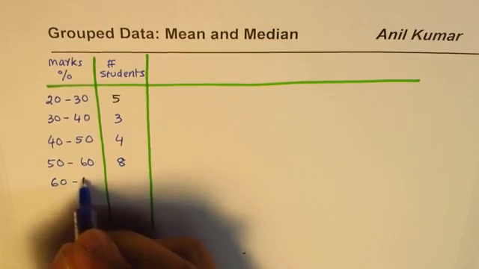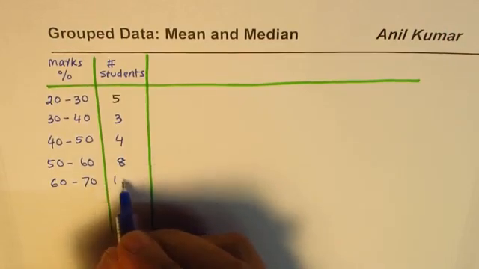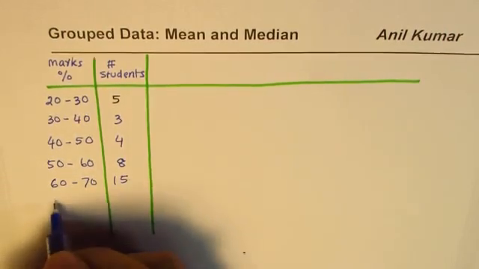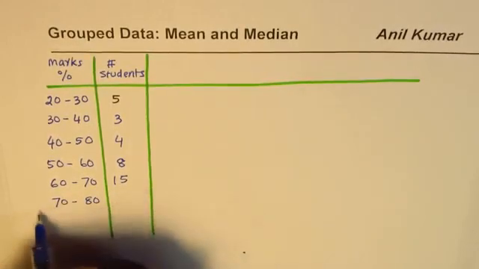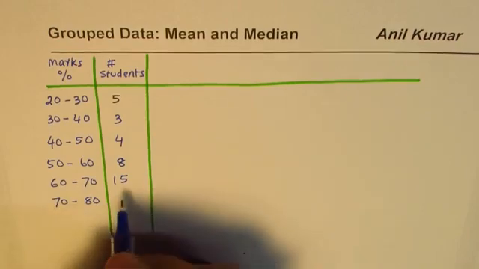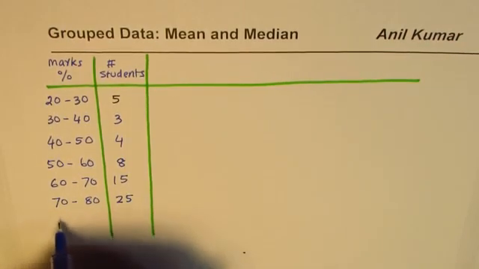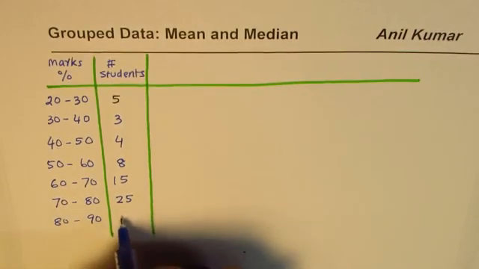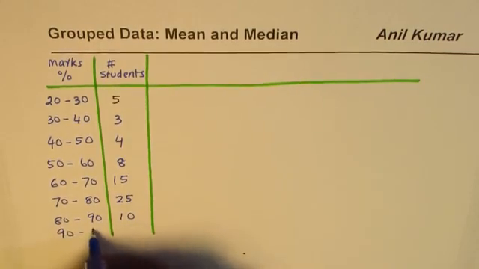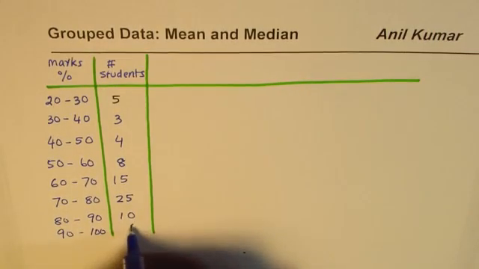From 60 to 70, the students were 15. From 70 to 80, the number is about 25. From 80 to 90, the number was 10. And from 90 to 100, there were 6 students.